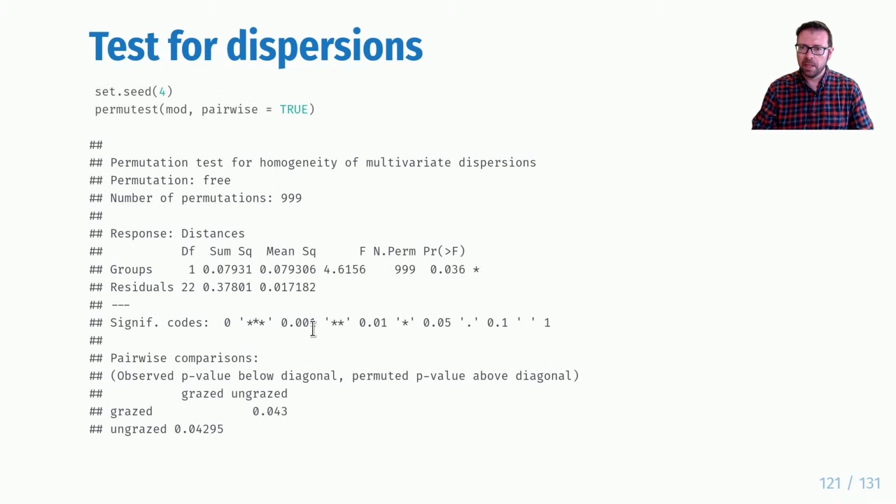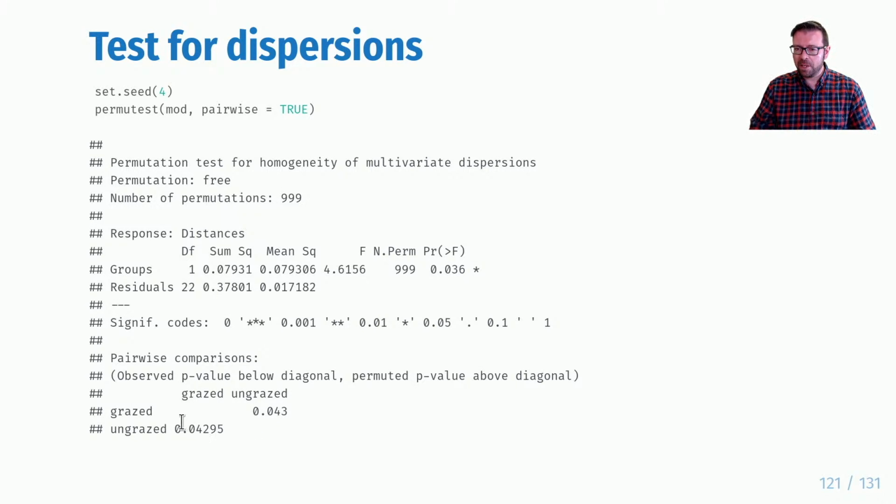Okay. And you can do this pairwise as well. So this is an omnibus test over the groups, if you had more than just two. And then this is a pairwise comparison between the things. These things don't necessarily have to give the same answer because this is a test on F and this is a test on something else which I can't exactly remember, but they don't always give the same numbers.